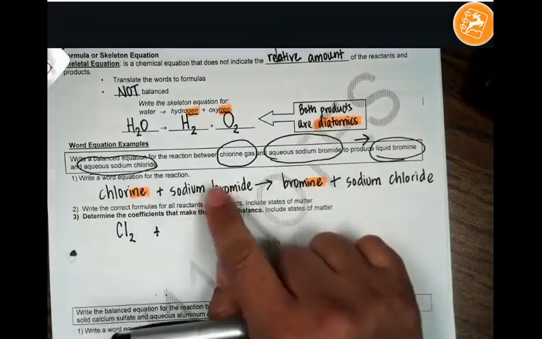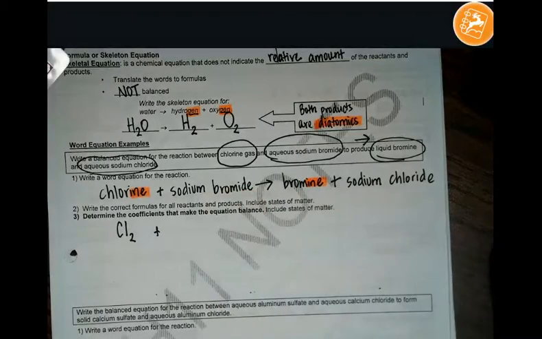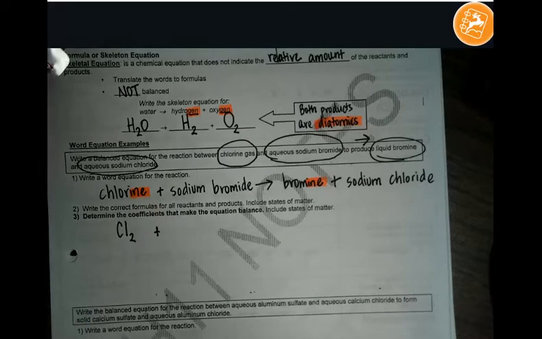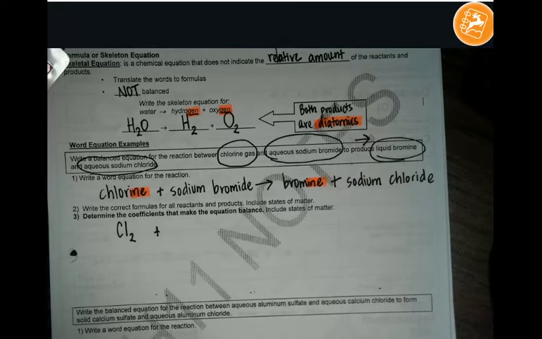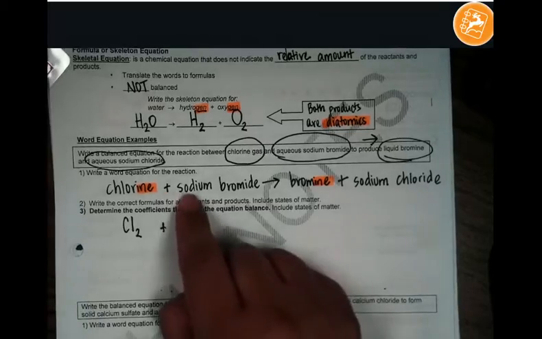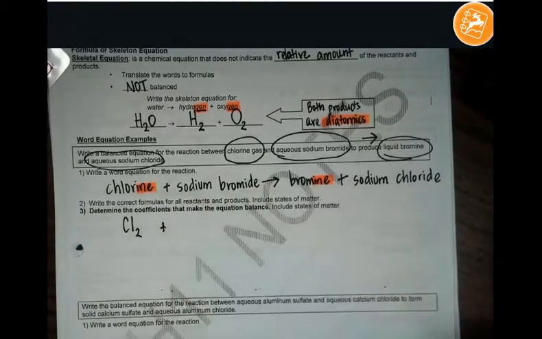Plus sodium bromide, right? So we know our 5 types. If you need to make sure that you know your nomenclature flowchart, you should have that out, or you can maybe look at your phone. I did tell you guys to make sure that you have your flowchart, right? But this is metal plus nonmetal, right?